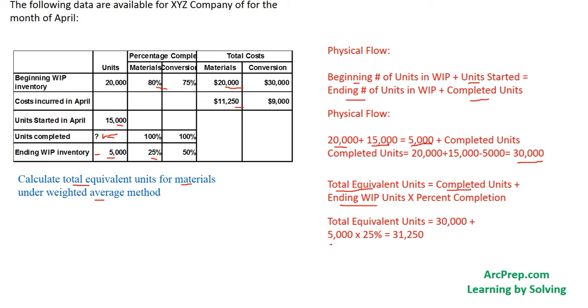And that something is 1,250 units that are 100% complete. That's the notion of equivalent units. Now we can add the two up: 30,000 units that are 100% complete and 1,250 units that are 100% complete. And total equivalent units for materials specifically turns out to be 31,250.